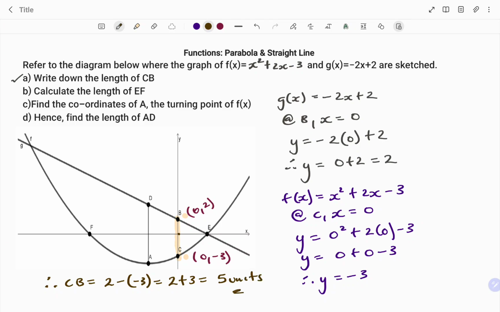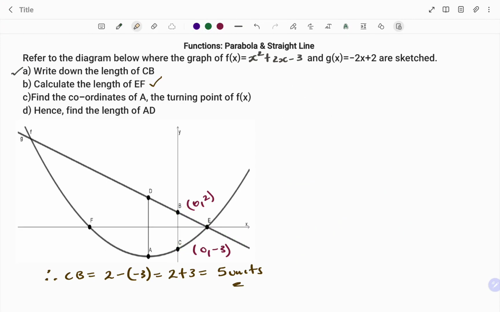Let's look at the second part of the question that says calculate the length of EF. Note that the points E and F are points on the x-axis. You can see that the parabola is passing through these points. That's your x-intercept, and at those points, the value of y is 0.